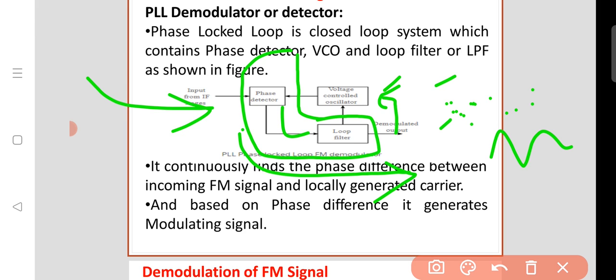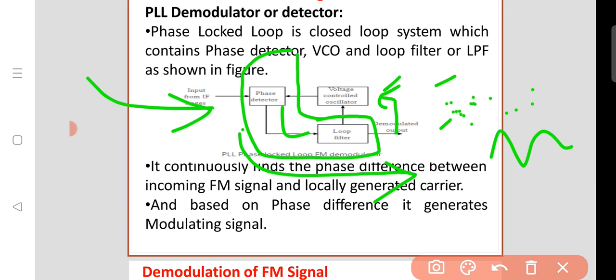The error signal generated by the phase detector is fed to the low pass filter, and it again produces corresponding frequencies for our phase detector.